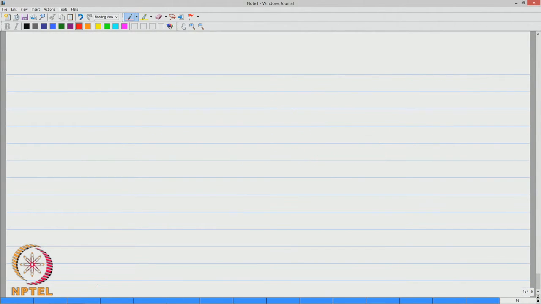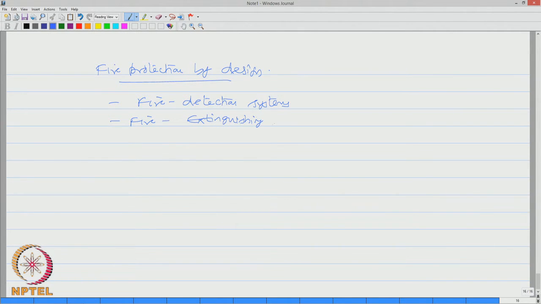One can also do fire protection by design. You can have fire detection systems, you can also have fire extinguishing systems.